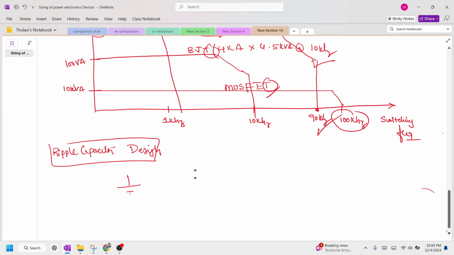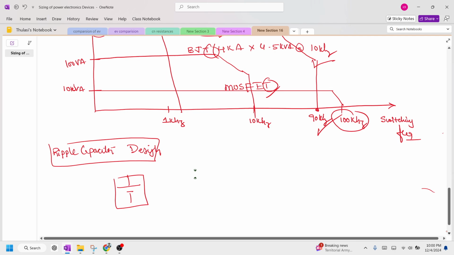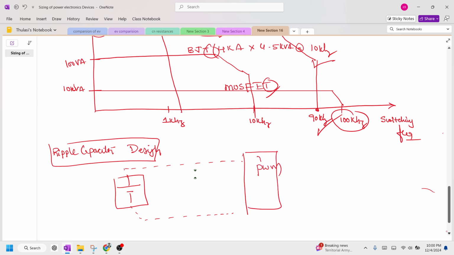Here you have the battery of an electric vehicle, and you are going to connect this DC supply to a three-phase inverter, which is our pulse width modulation three-phase inverter that converts the DC supply to AC supply.